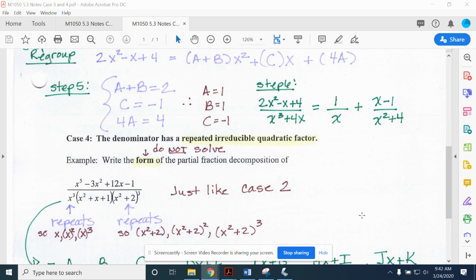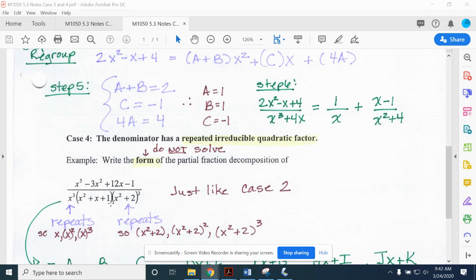So looking at this one, just like we did in case 2, x is being repeated 3 times. And I mentioned an item relating to the number 8 in a factor tree. Same thing. So x can be represented by having a factor that's x, then x squared, and then x cubed.